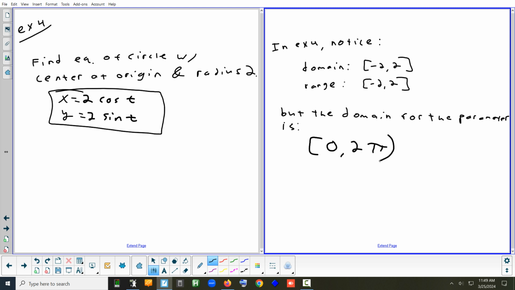So there's a difference between the window and the domain for t. The window is so you can see it. The domain for the parameter is how much sketching it does on the screen.